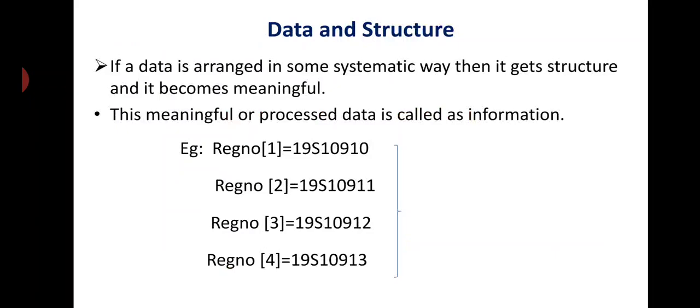And if data is arranged in some systematic way, then it gets a structure and becomes meaningful. So this meaningful or processed data is called information. So when you want to solve your problem, you need data, and when you have data, that has to be structured in a systematic way. I'll show you with an example.